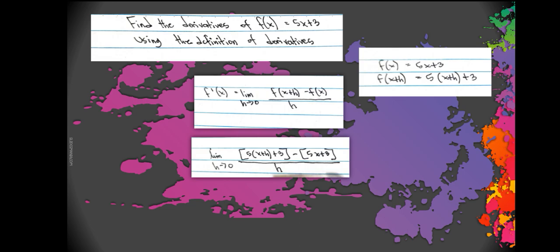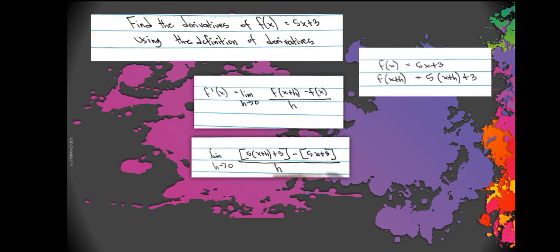So now, using the definition of the derivative, i-apply lang natin yung formula para makuha natin yung derivative ng function. So, ang f of x plus h minus f of x all over h as h approaches 0. Yung f of x plus h natin is 5 times x plus h plus 3 minus f of x, which is 5x plus 3, all over h.